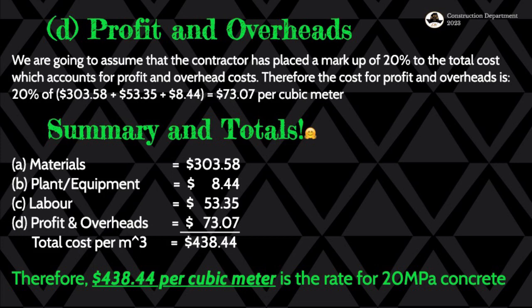Otherwise, it's going to be costly to the contractor or to the estimator, whoever is going to be working on that. But the estimator usually will be doing it for the contractor, so it will be costly to the contractor if that is not accounted for, because it will happen and you're not ready for that. So you have to be ready. So that's basically what we're supposed to look at. That's how we then come up with the rate. So this is the rate for the concrete 20 MPa target strength.